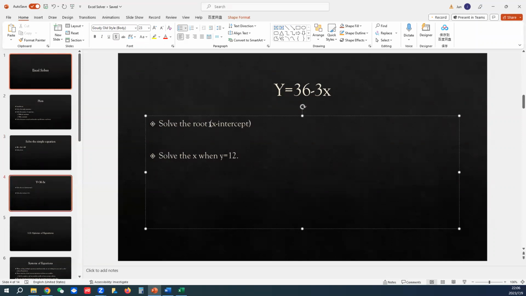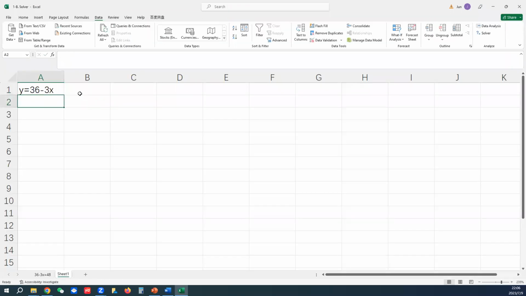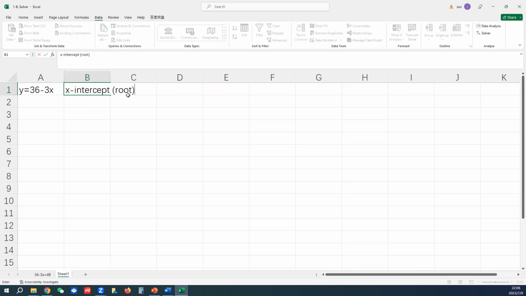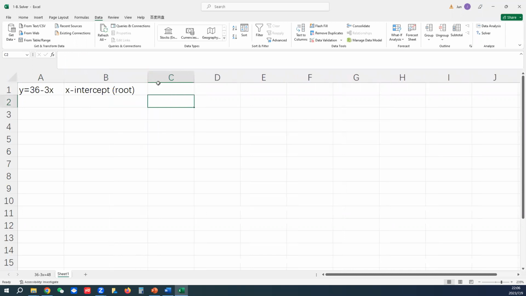The root means where this line crosses the x, the horizontal axis. So we are looking for the x-intercept, namely the root. For the x-intercept there is no height, so y should equal 0. That's what we are looking into.